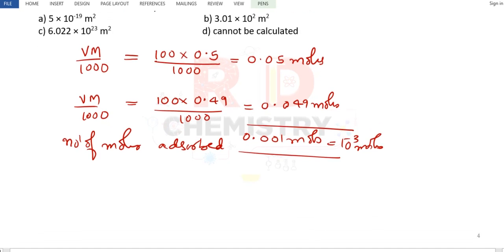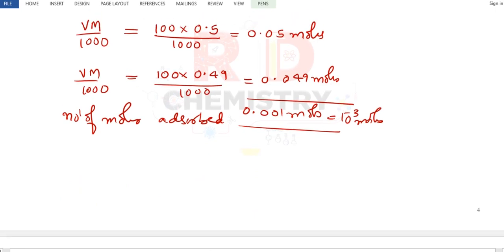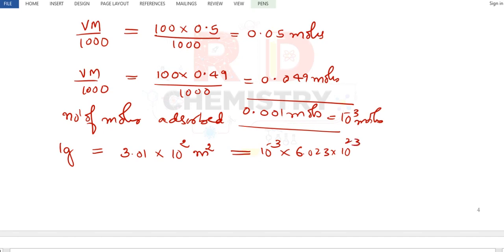Now, the substance is 1 gram. 1 gram of the charcoal has surface area 3.01 into 10 power 2 meter square per gram. This will be adsorbing 10 power minus 3 moles of acetic acid. Number of moles converted into molecules by multiplying by Avogadro number 6.023 into 10 power 23 molecules are there on this surface.